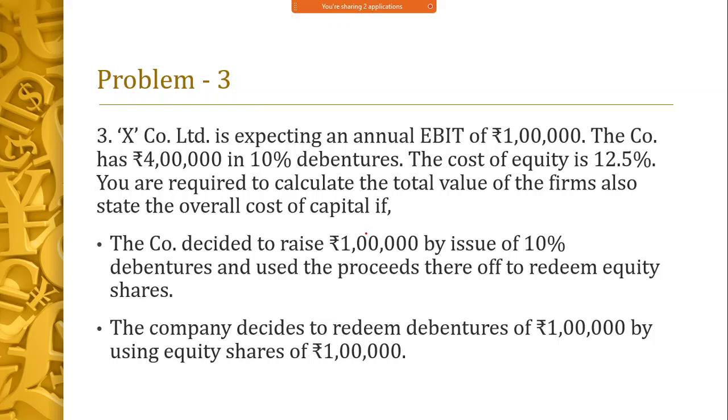Also state the overall cost of capital if the company decided to raise 1 lakh rupees by issue of 10% debentures and use the proceeds thereof to redeem equity shares. The company decides to redeem debentures of rupees 1 lakh by using equity shares of rupees 1 lakh.